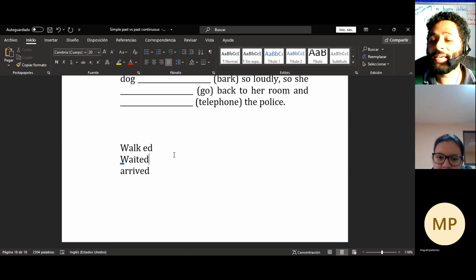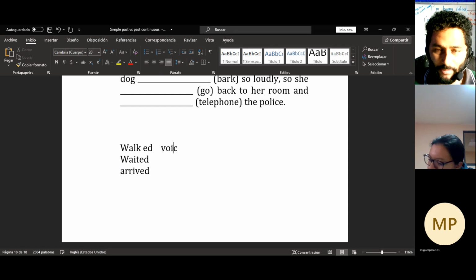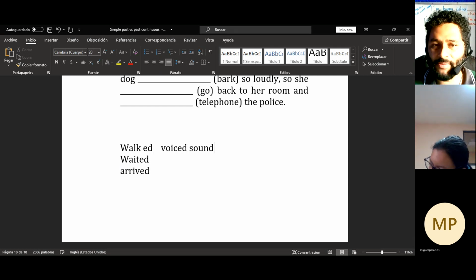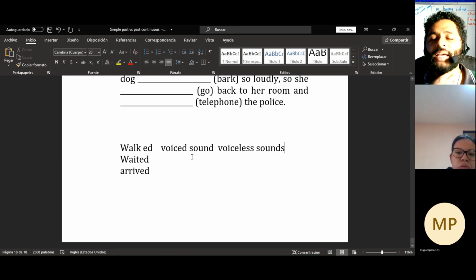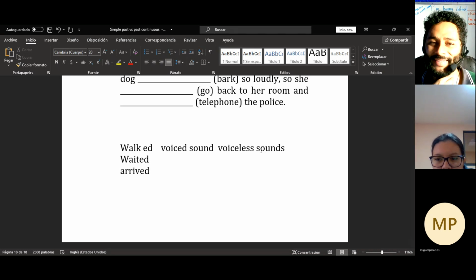Estaría bien que, bueno, intenta ver una lista, lo puedes buscar en internet, voiced sounds y voiceless sounds. No son muchos, pero bueno, eso de voiced quiere decir que los sonidos, o sea, los fonemas que tú pronuncias hacen que vibren tus cuerdas vocales. Y voiceless no vibran, solamente hay aire pasando sin que vibren las cuerdas.